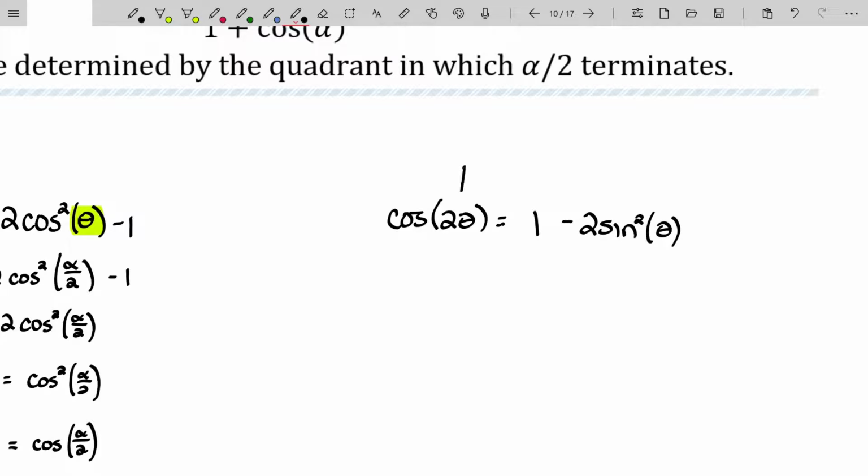Notice here is twice the angle and there is the regular angle, or in other words, this is an angle and this is half of that angle. So I could write this as cosine of angle is equal to 1 minus twice the sine squared of half of that angle. They're saying the same thing.